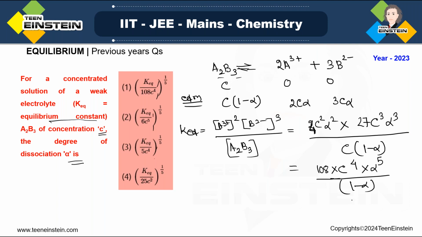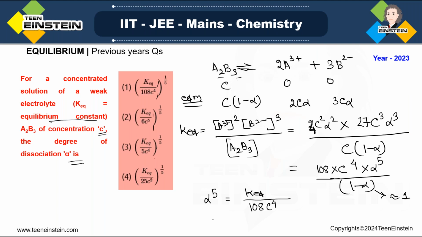So alpha 5 you have to bring to one side. So alpha 5 should be equal to K equilibrium. Sorry, here 1 minus alpha is almost equal to 1. That assumption we have to make. So instead of writing 1 minus alpha, as it is already equivalent to 1, I will simply write K equilibrium divided by 108 C to the power 4.